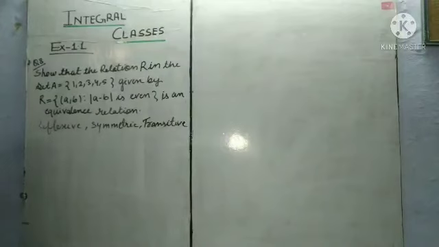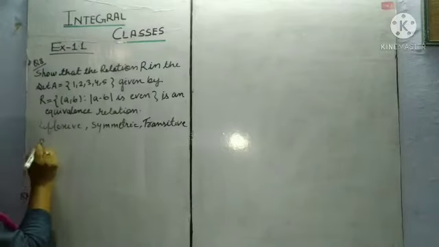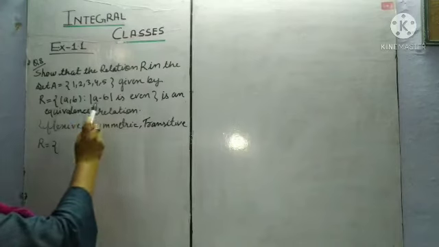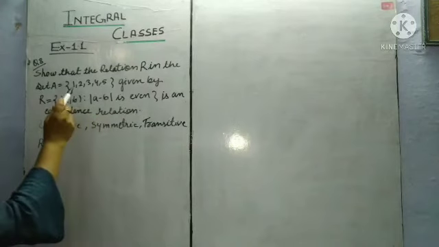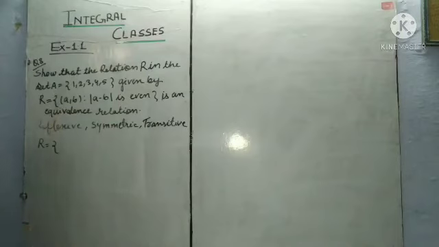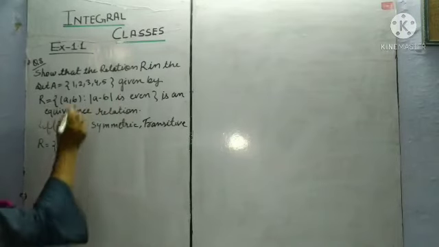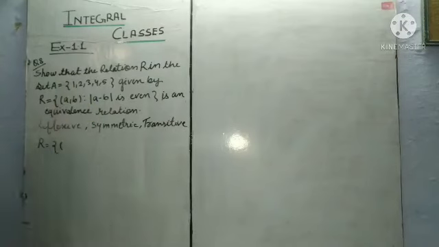Now firstly we will write the relation here. The relation is (a, b) where a, b belong to this set A. Now we will put the values of a, b such that a minus b is always an even number. So 1 minus 2 is odd.